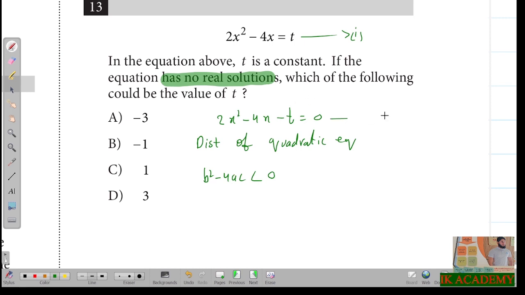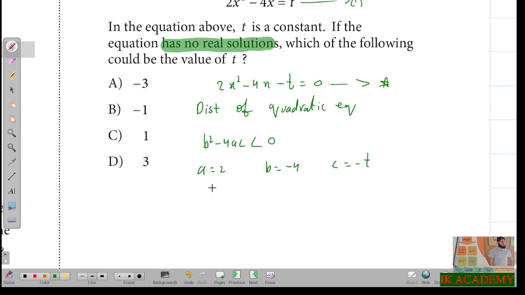So from the equation star, we can find the values of a, b, and c. Here a is the coefficient of x square, which is equal to 2. B is the coefficient of x, which is equal to minus 4. And c is the constant term, which is the third term in the quadratic equation. So c is minus t.